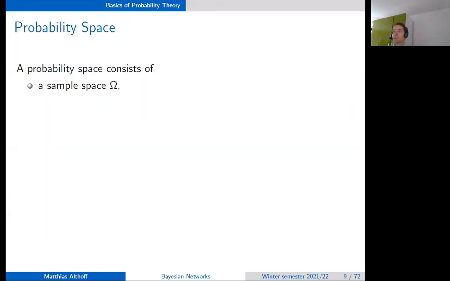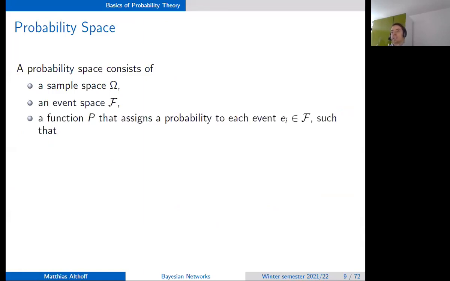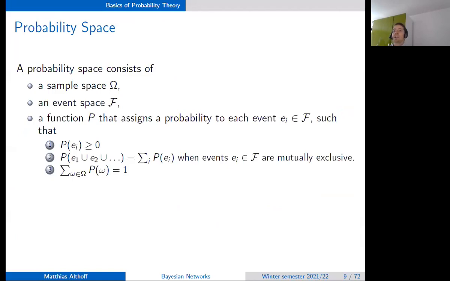Okay, so then the probability space consists of the sample space omega, the event space F, so the power set of omega, and a function that assigns a probability to each event of the event space, such that first of all the probabilities have to be greater or equal to 0.